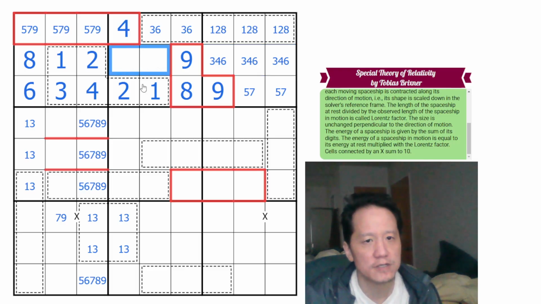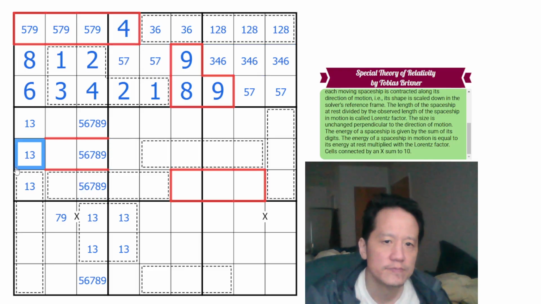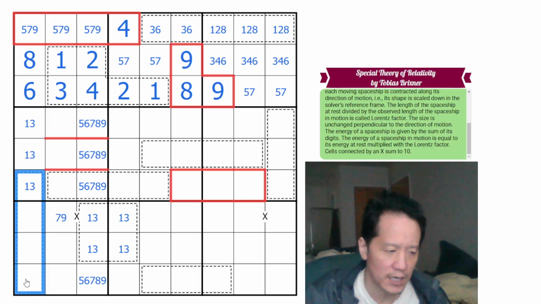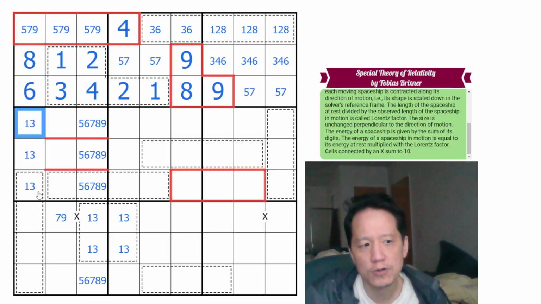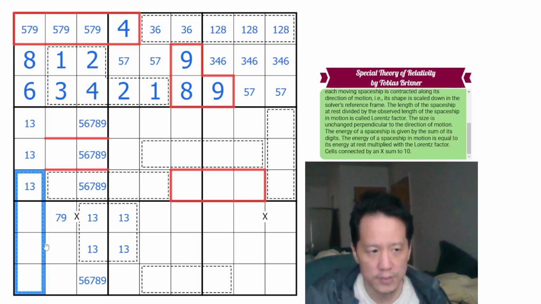The remaining digits here are 5 and 7. So if we tried 18, that's 18 divided by 3, which is 6, times 4, which would be 24. But you have to have a 7, 8, 9 in a row, and this is never 7, 8, 9 in a row. So 18's out.